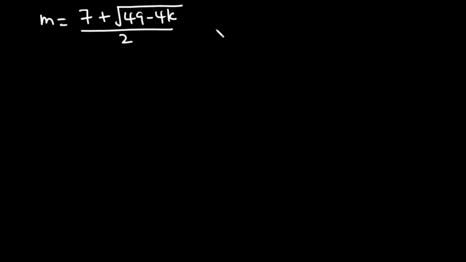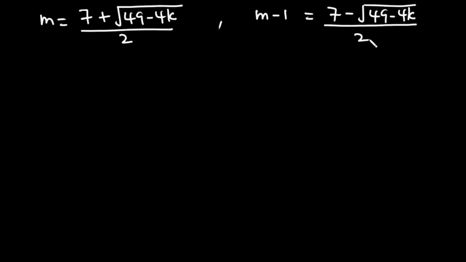So we had m is equal to 7 plus square root of 49 minus 4k divided by 2, and m minus 1 is equal to 7 minus the square root of 49 minus 4k divided by 2.